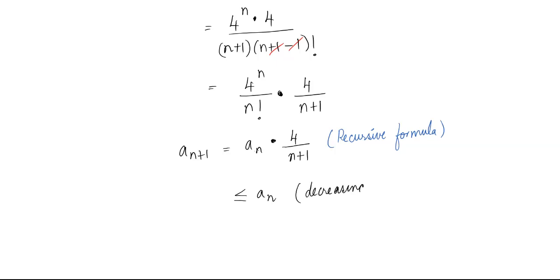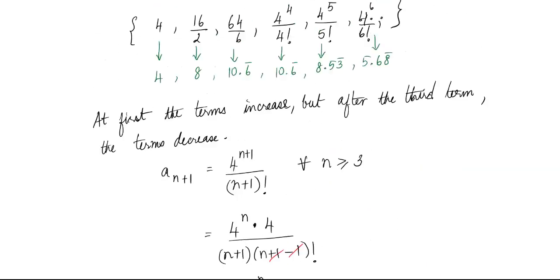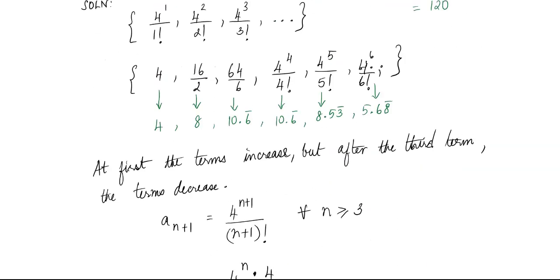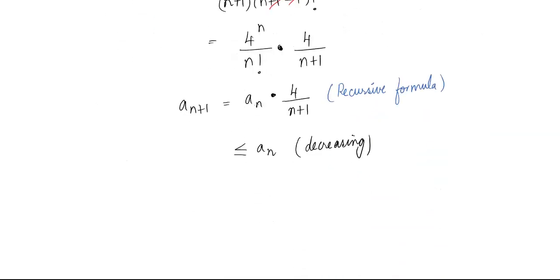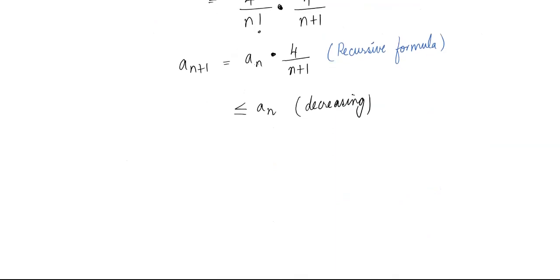We saw this happening in these numbers here, right? And it happened right after 3. We saw that it was decreasing, but we have to prove that it's decreasing. And we were able to do that by putting it in the recursive form, and then we were able to show that the sequence was decreasing.